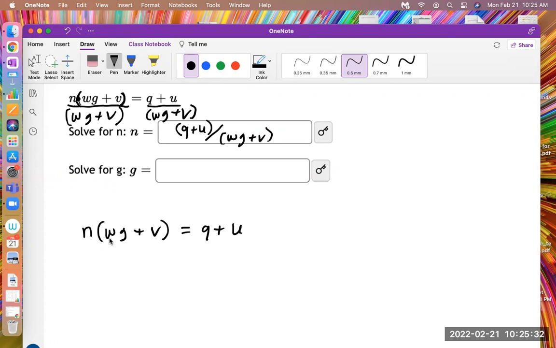I need to get rid of whatever we are multiplying the G by. So I divide both sides by N.